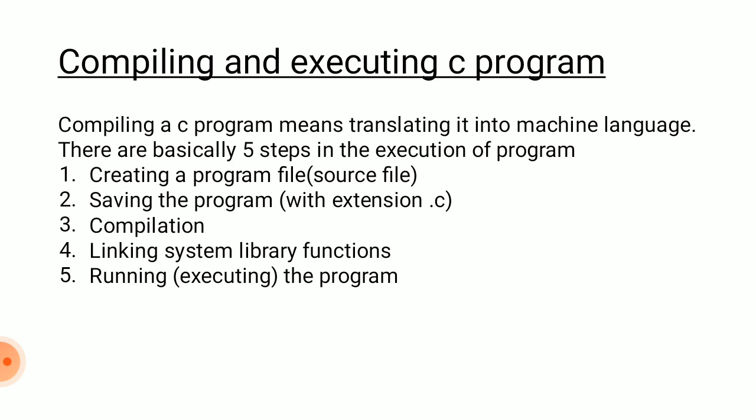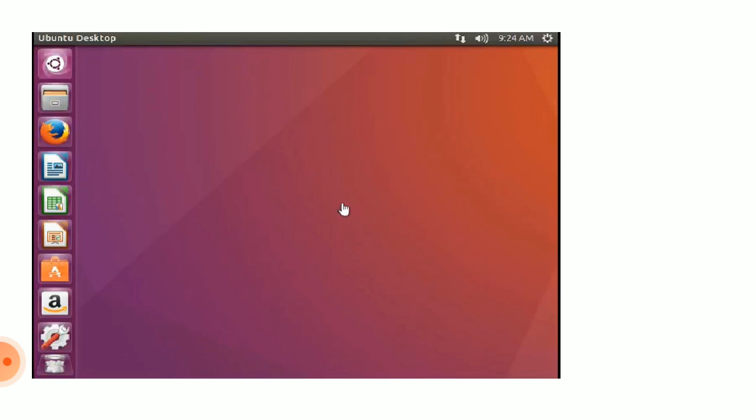Okay. As I told you, you can run a program on the DOS platform, on the Windows platform, and on a Unix based platform. Okay. So here I have given one Ubuntu platform. Ubuntu is a Unix based operating system.